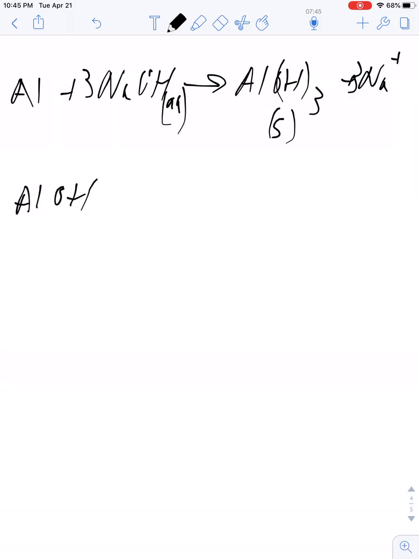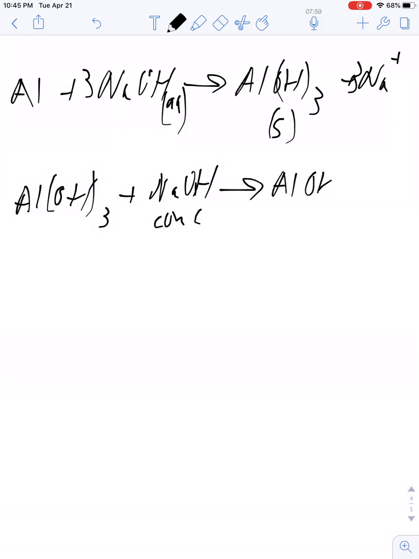However, if we continue to add strong base, okay, strong concentrated sodium hydroxide, what can happen is you can form the complex ion, okay, like that. So here's one where it was neutral and then another one came on there, another hydroxide.